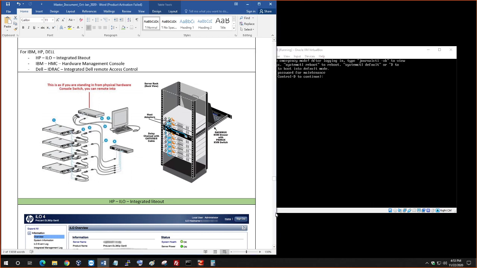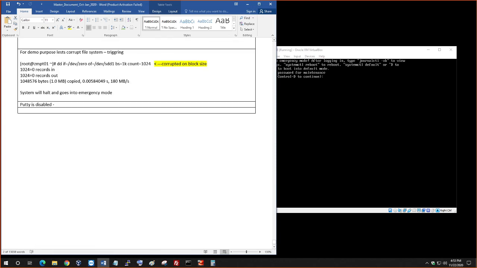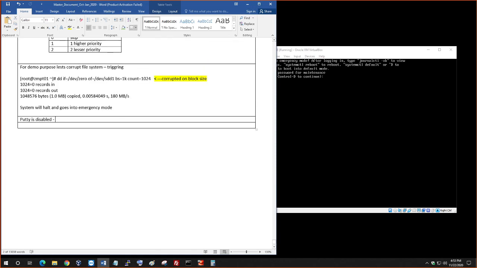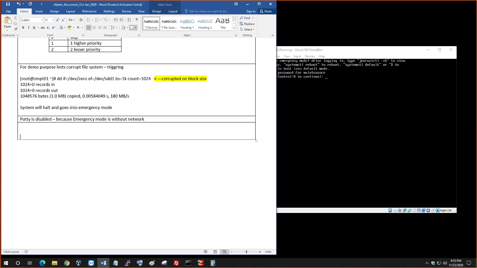So PuTTY is disabled because emergency mode is without network. Okay, that should help you.